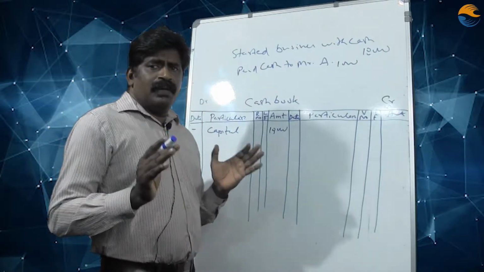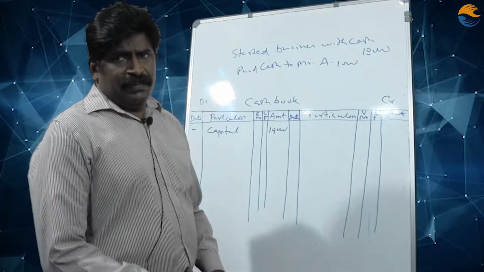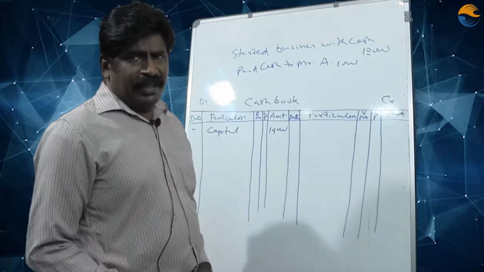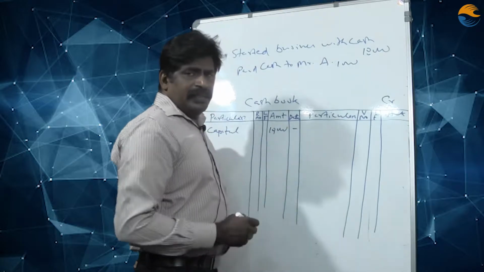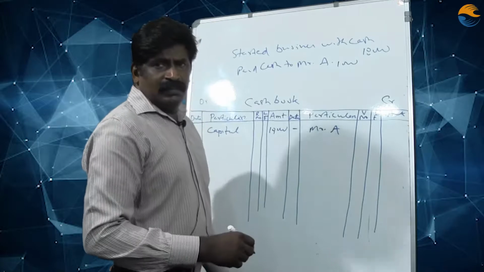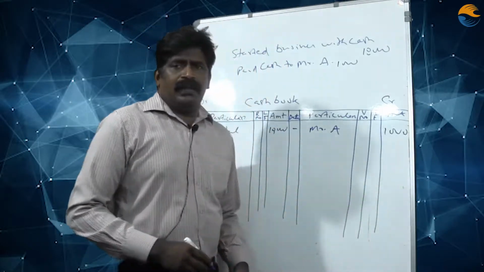So all payments should be written on the credit side. Since cash is paying to Mr. A, on the credit side, after writing up the date, we show Mr. A, and the amount is shown on the credit column.